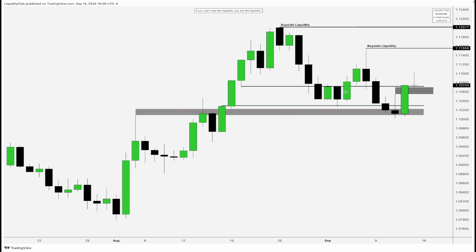But nevertheless, after price posted a high, it started trading down lower, below the low. Other traders will be expecting this as, look at this, we are likely going to be crashing down lower towards this sell side liquidity.